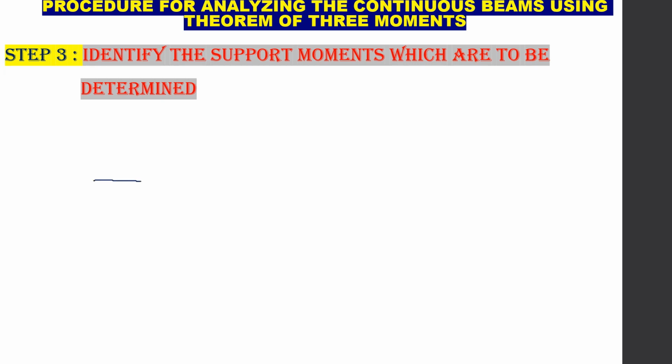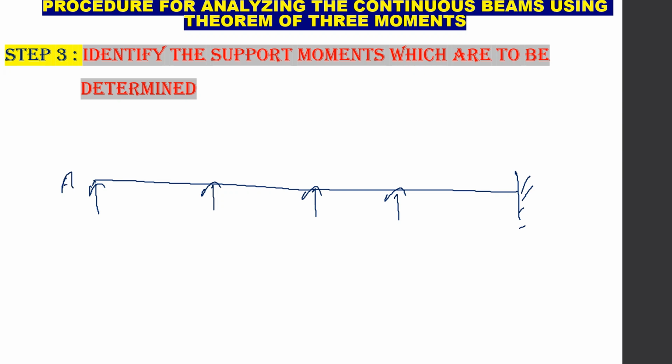If we have a continuous beam like this, we will have support moments. At all the intermediate supports we will have moments. We take the supports as A, B, C, D and E. The magnitudes of the moments will be MB, MC, MD.